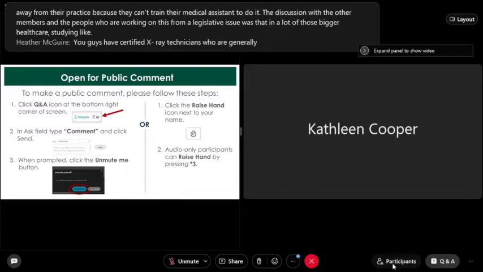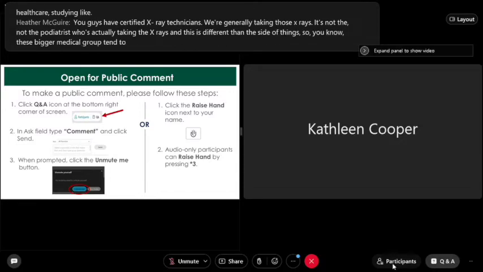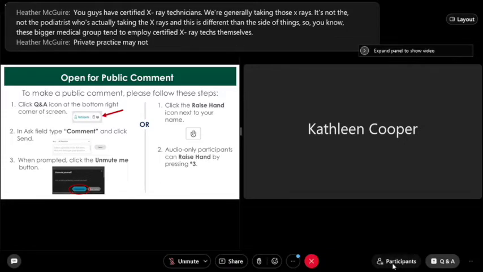It's not the podiatrist who's actually taking the x-rays. And this is different than the fluoroscopy side of things. So these bigger medical groups tend to employ certified x-ray techs themselves, where a private practice may not have the ability to hire that specifically.